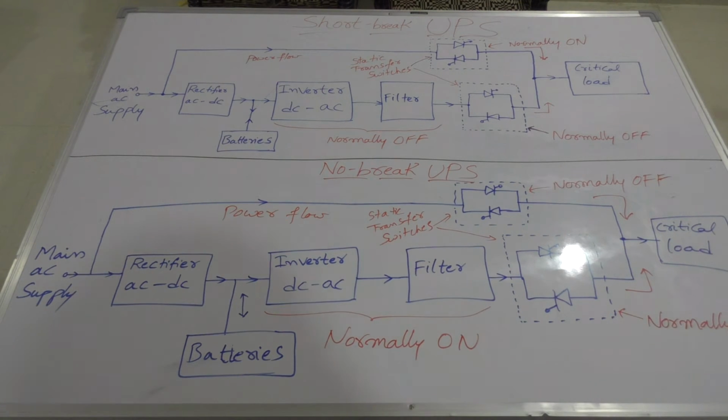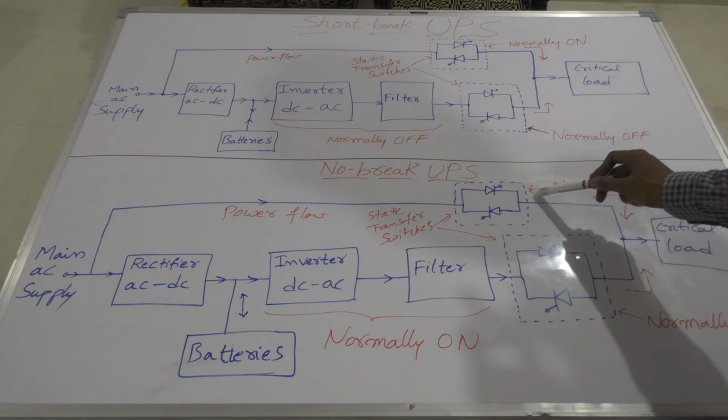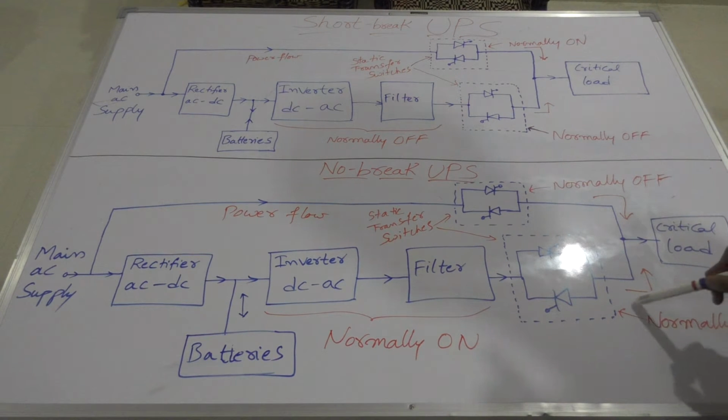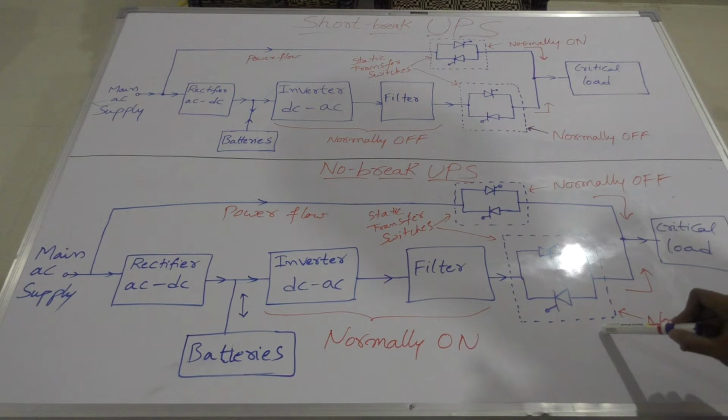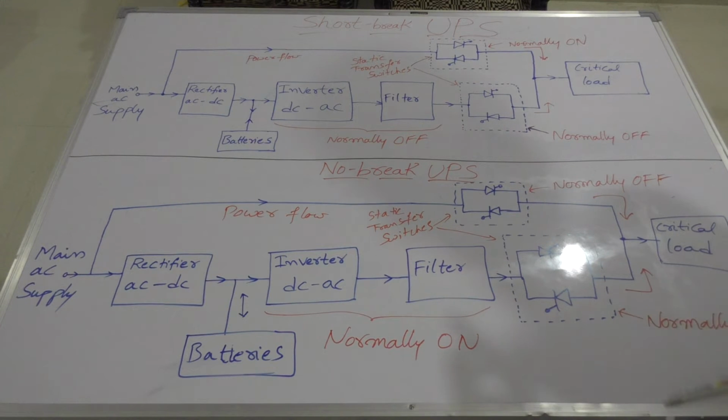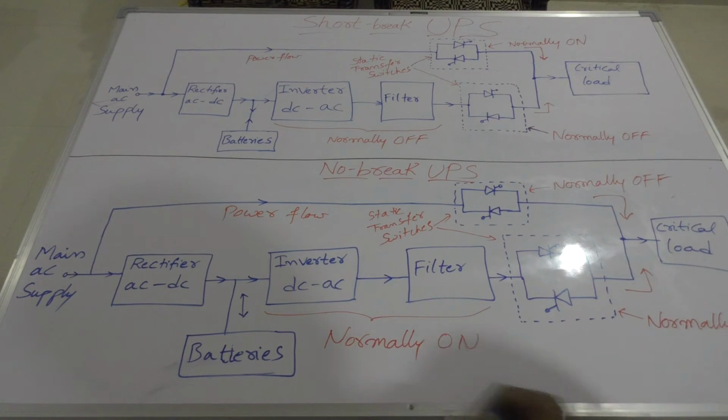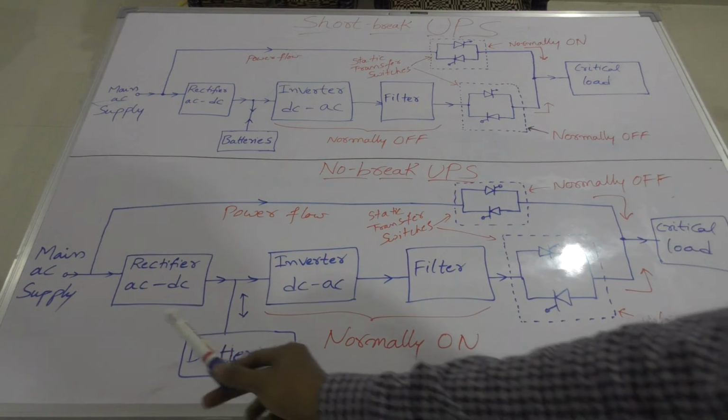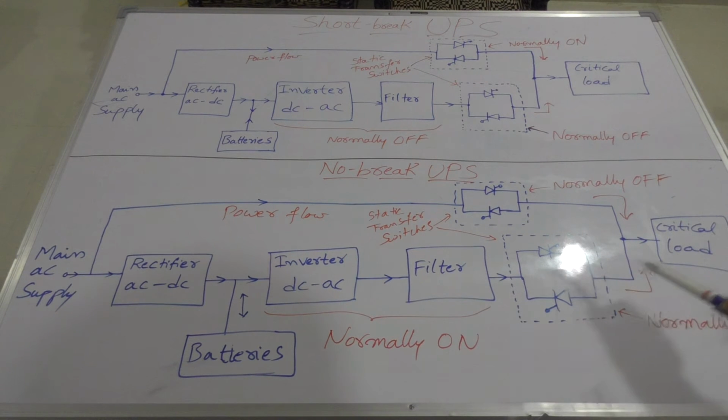Consider normal operation. In this normal operation, this first switch is in off state and this particular second switch is in on state. In normal operation, this load will get electrical power from the main AC supply through this rectifier, inverter, and filter, and finally reaches this load.